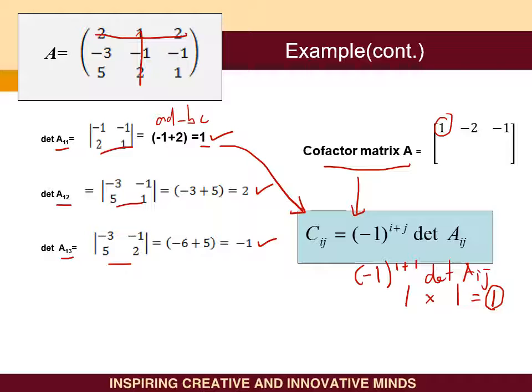Let's look at the second one. We have A12. So negative 1, 1 plus 2. Determinant A12 is 2. So multiply by 2.